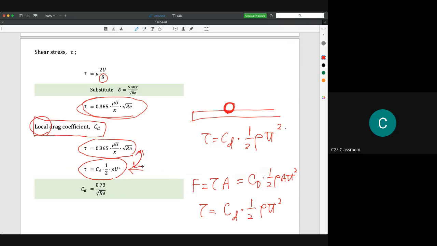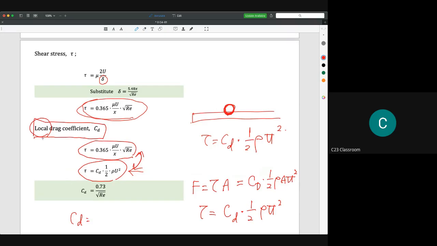We find that C_D is equal to 0.73 over the square root of the Reynolds number.